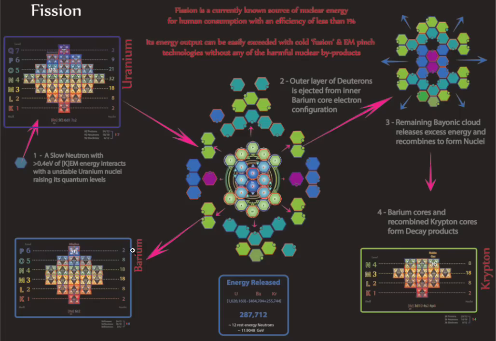The core electron configuration in the case of uranium is barium, and obviously these are already at a stable energy level. It's the barium element itself, surrounded by higher energy deuterium nuclei to form the uranium.